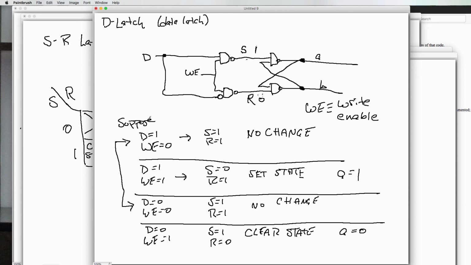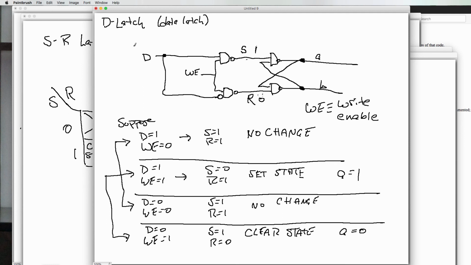The state of this entire circuit stayed exactly the same whenever write enable was 0. On the other hand, when write enable is 1, the state of the circuit was whatever was on D. When D is 1 and write enable is 1, the output of this thing became 1. And when write enable was 1 and D is 0, the output of this thing became 0.